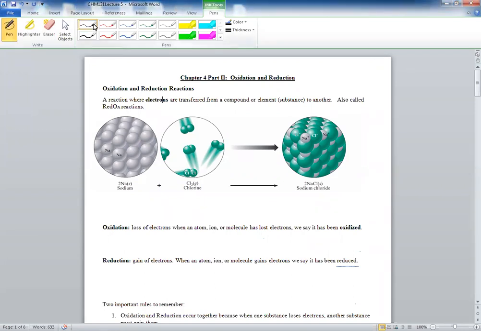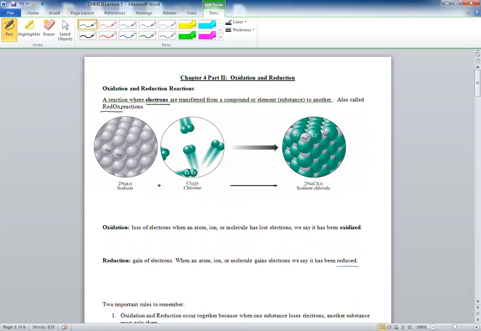You've seen atoms being transferred in single replacement, double replacement, or even with acids and bases, but with oxidation reduction, it's electrons that are being transferred. Also called redox reactions, that we usually in chemistry call redox reaction.